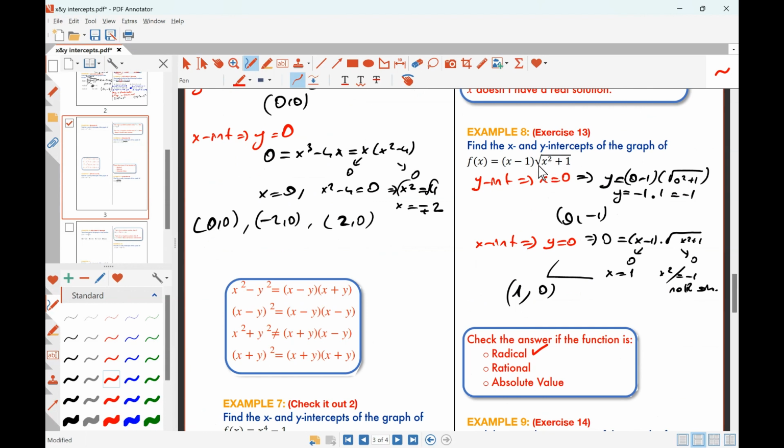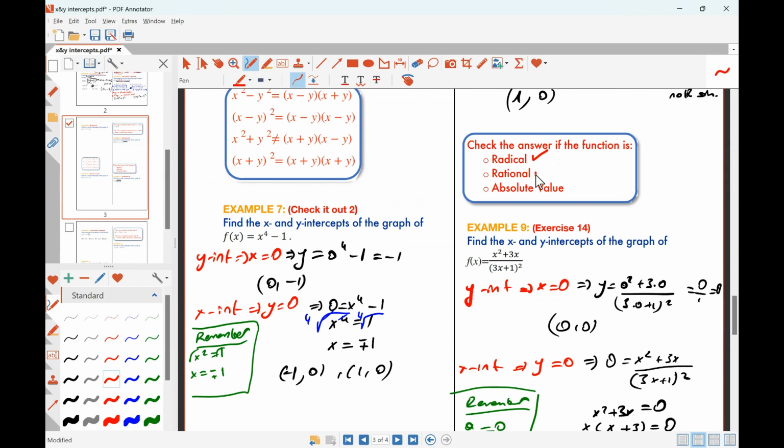The stuff under the square root should never be negative. So we should check it. And for rational expressions and absolute value expressions, we should check our answer. Maybe in radical, the stuff in the radical is negative. Maybe for rationals, the numbers that we found make the denominator 0. For absolute value, maybe it gives you the wrong answer. So we should check for all 3 of them.